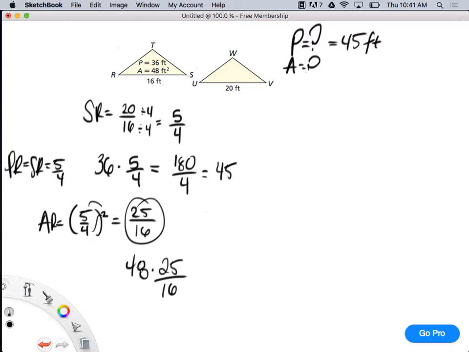Now, I could multiply these first, 48 times 25, but that's going to be really big. So instead, I'm going to divide first. So I do 48 divided by 16. 48 divided by 16 is 3. So this becomes 3 times 25, which is 75. So what's my new area? 75 square feet. Okay?